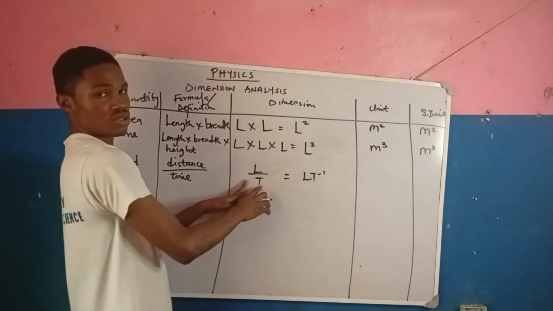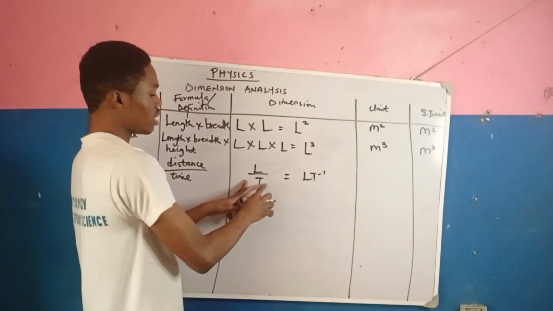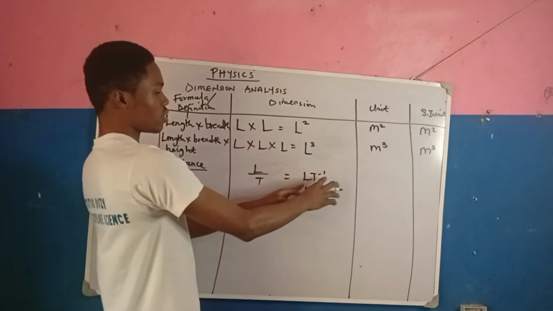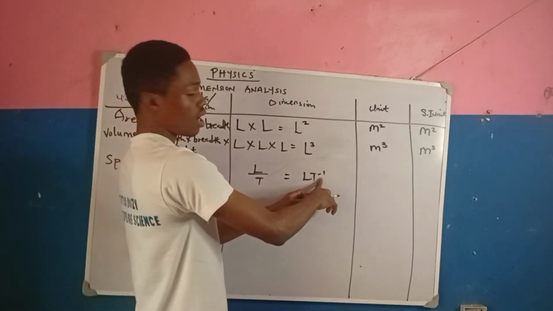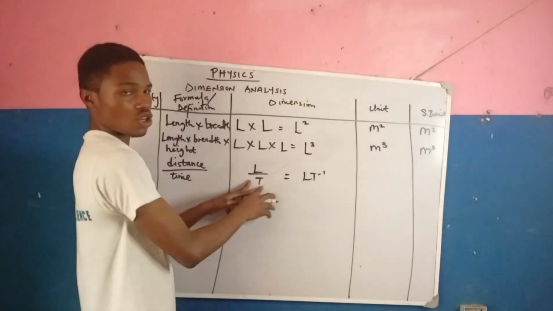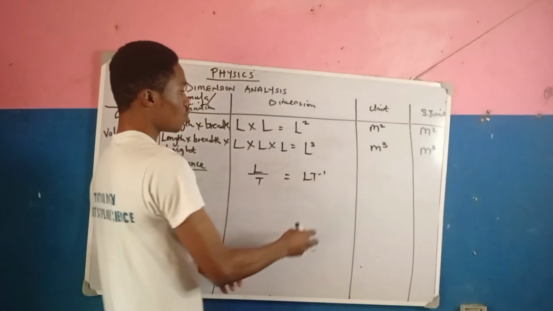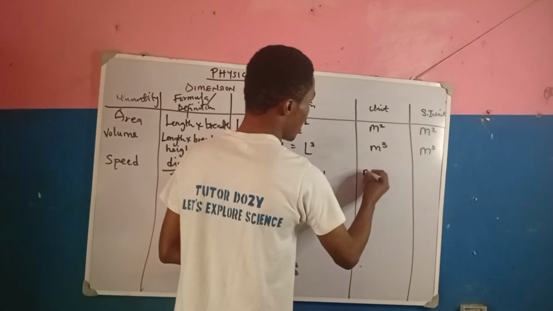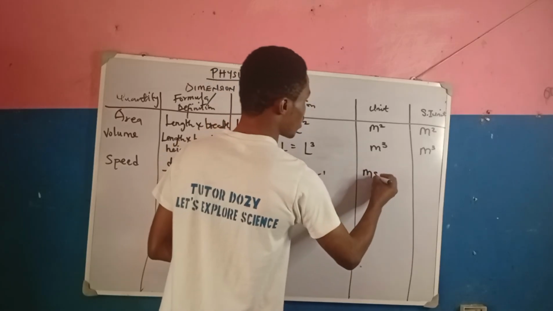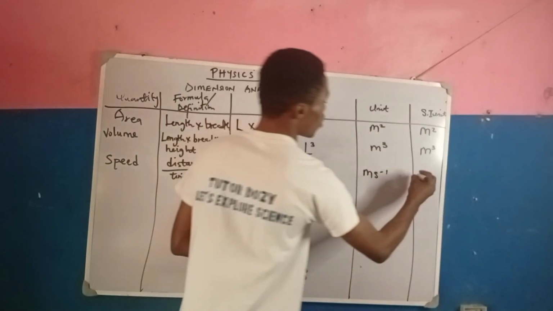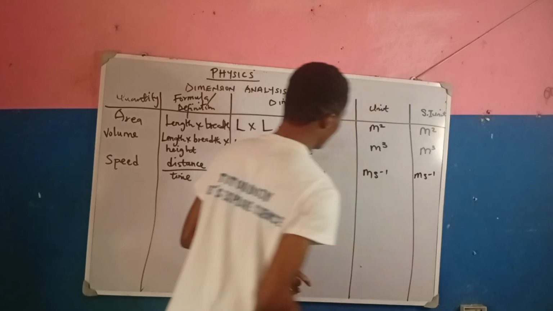According to the law of indices, when the T, which is the denominator, comes up, it bears a negative power and becomes minus. Here we have L as meter and T as seconds, so meter per second, and this is also the SI unit.